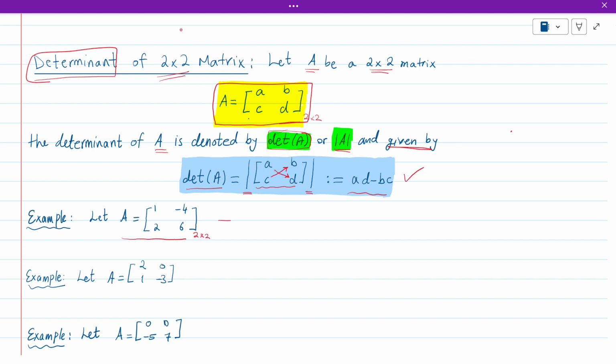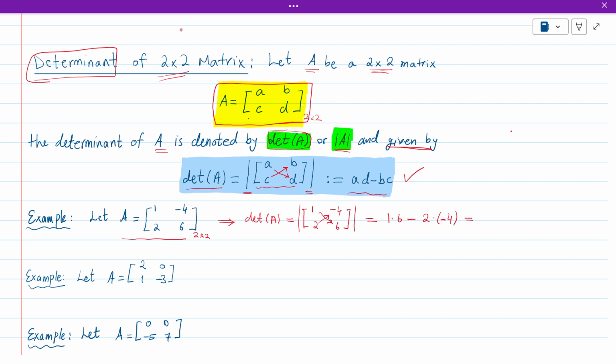Now to find the determinant, det of A is the matrix between two lines, 1, -4, 2 and 6, and the determinant will be 1 times 6 minus 2 times (-4).